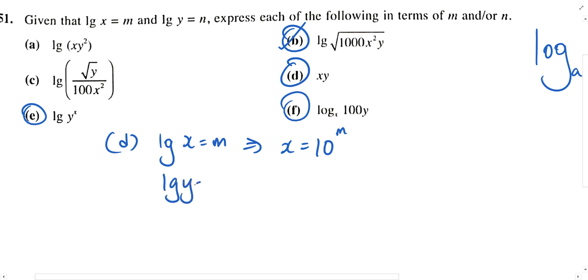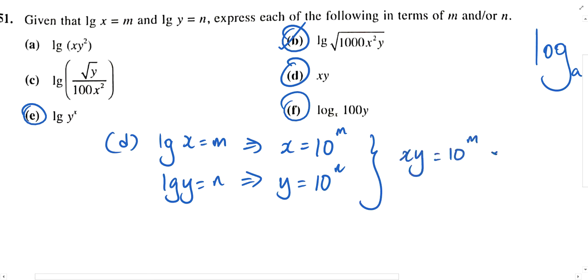So log y equals n, therefore y equals 10 power n, not 10n. Then what do we do? xy. Right? Okay, so you know what to do already. Thank you, Sean. You can go back.